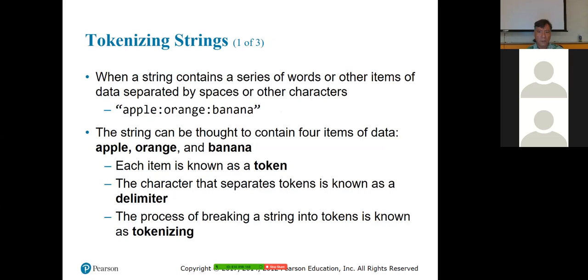When a string contains a series of words or other data separated by spaces or other characters, it can be thought of as containing items of data. I don't know why it says 4 items of data.